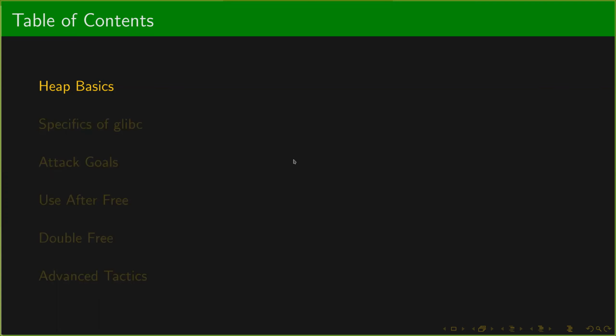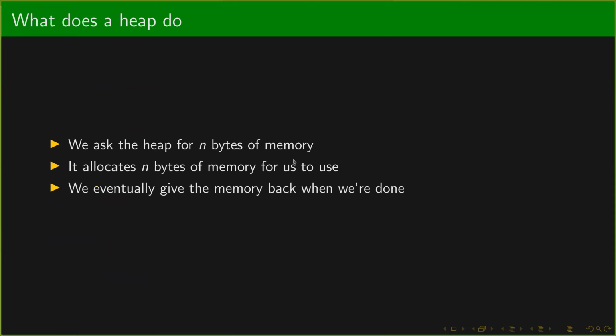Okay, so what exactly is a heap and what does it do, right? When we're writing C code, we want some way that we can ask for memory that's not going to go away after our function has finished executing. And really what we want is some API that we can ask, hey, give me n bytes of memory, and then it will give us back a pointer to n bytes of memory.